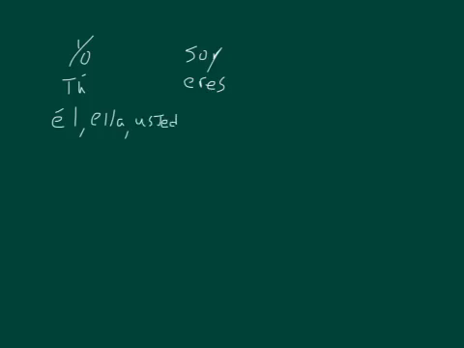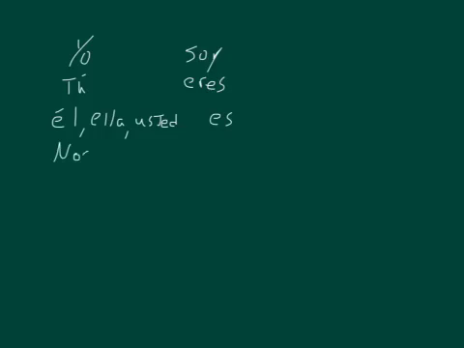Quick review. I is yo. Am would be soy. You, showing just casualness, would be tú. Are would be eres. He is él. She is ella. You would be usted. So he is would be él es. I'm sorry, él es. She is would be ella es, and you are would be usted es.